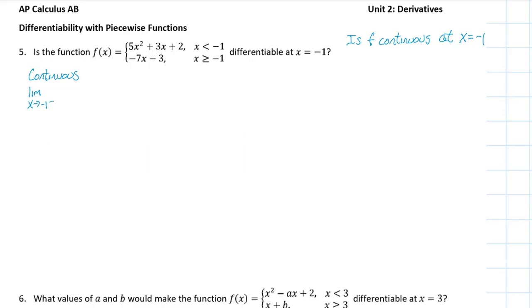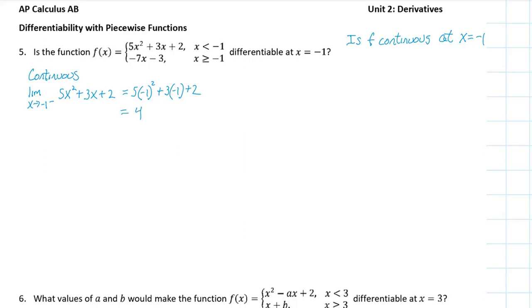So I'm going to be using the top function, 5x squared plus 3x plus 2. And if I plug into that function, we would get 5 times -1 squared plus 3 times -1 plus 2. And if you finish off the math there, you actually get 4.